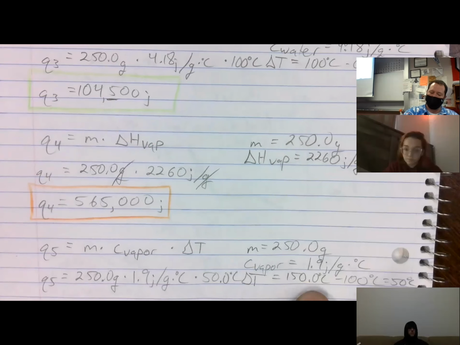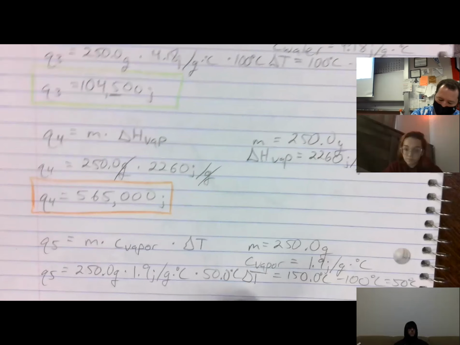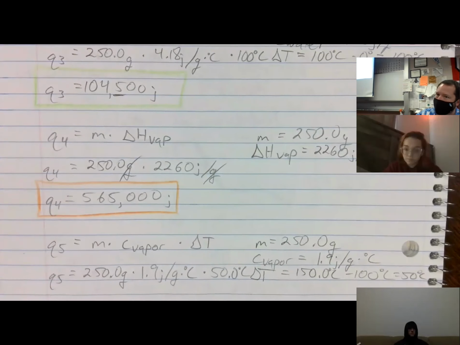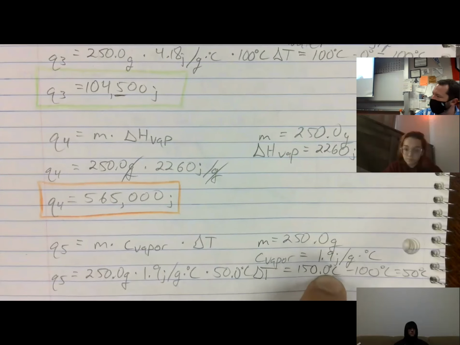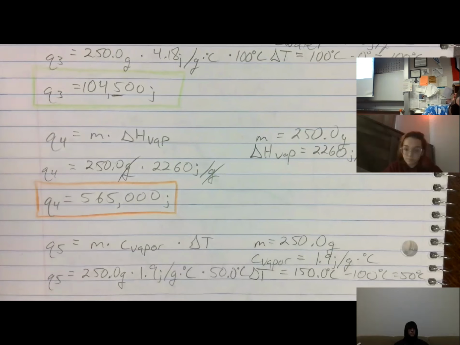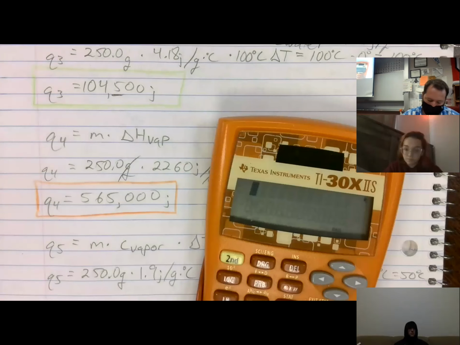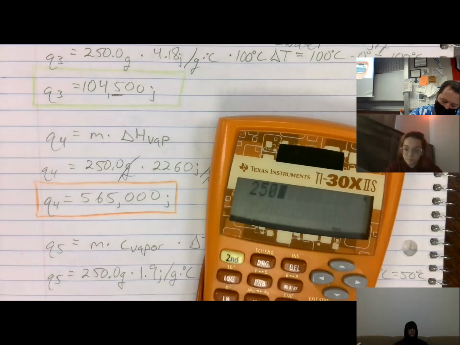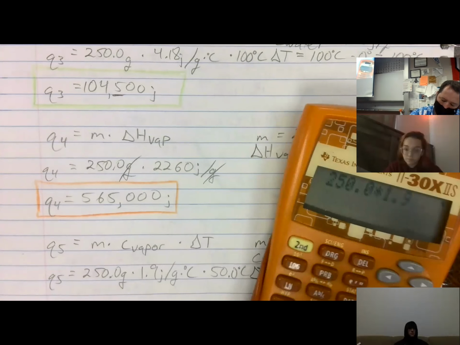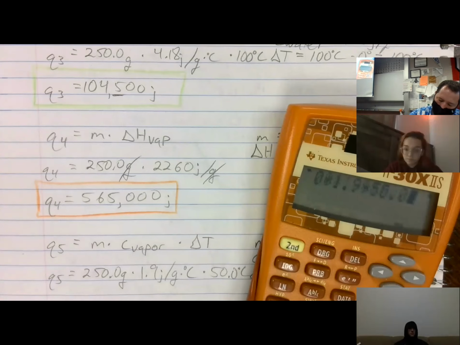So subtraction problem, we want our last digit to be in the placeholder of the smallest, so 150 goes to the tenths. So there's my tenths spot. So 250.0 times 1.9 times 50.0.